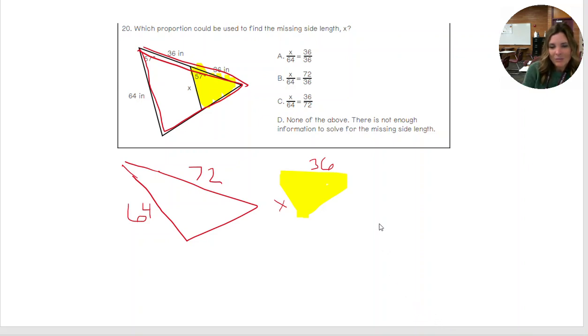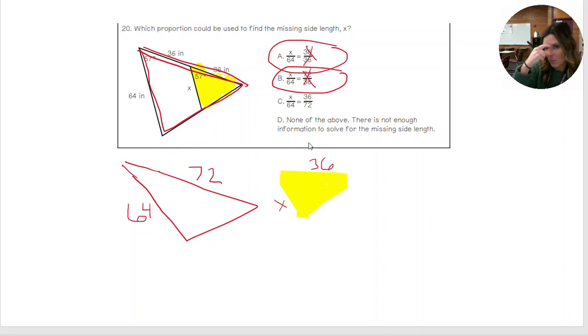So we have to find the proportion that will work. When we look at this first one, they did x over 64, so little to big, but then this part is not correct. If we look at the next one, x over 64, they did little to big, but then for this one, they did big to little.